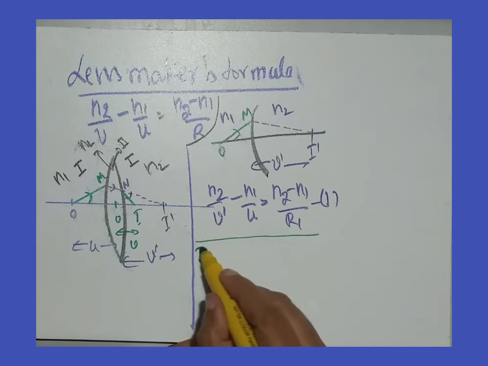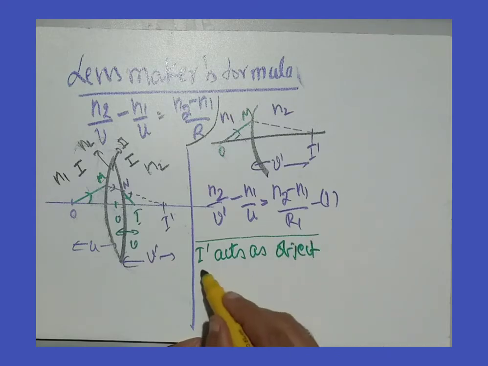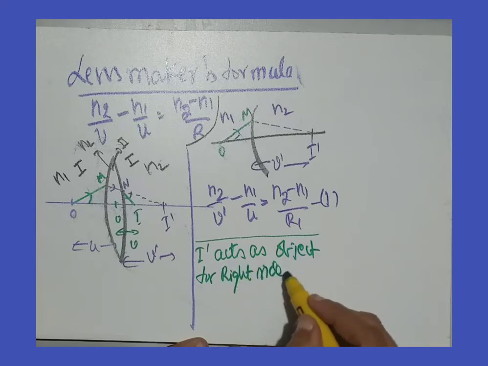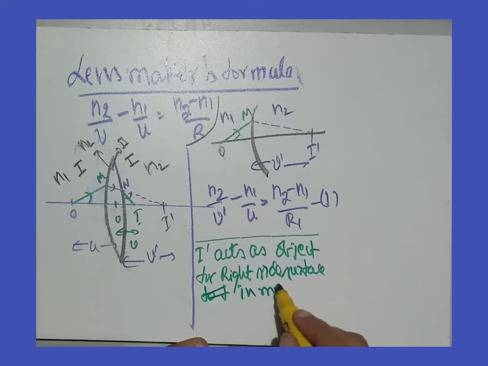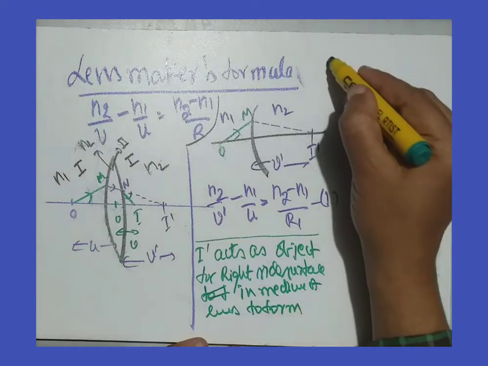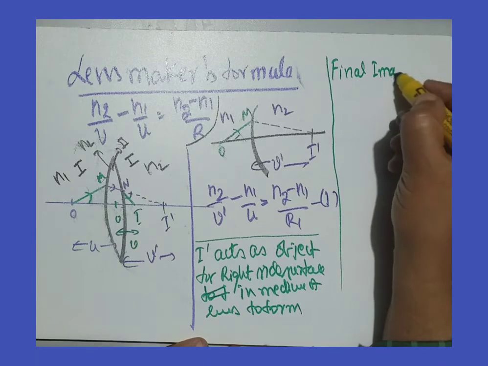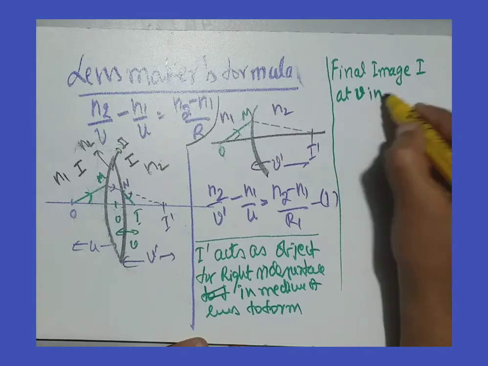Say I dash acts as object for right side surface in medium of lens to form final image I at v in n1.